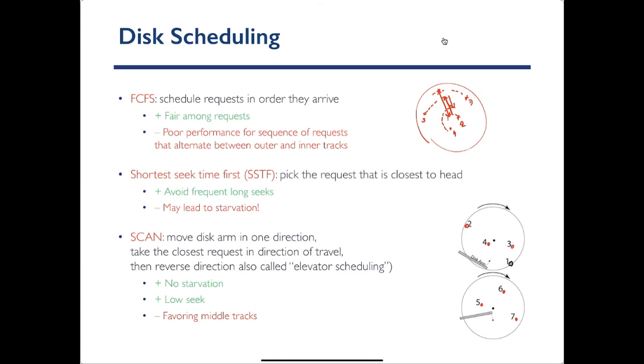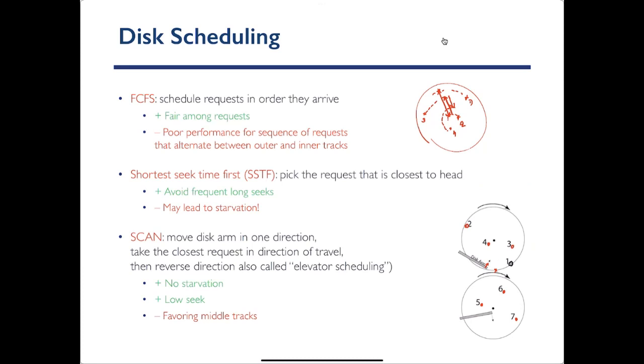The reason is, let's say the arm moves slightly from the outer track, and then you get a request right after the arm moves past your track. It's kind of like when you miss a bus, so you come and the bus just leaves the station.